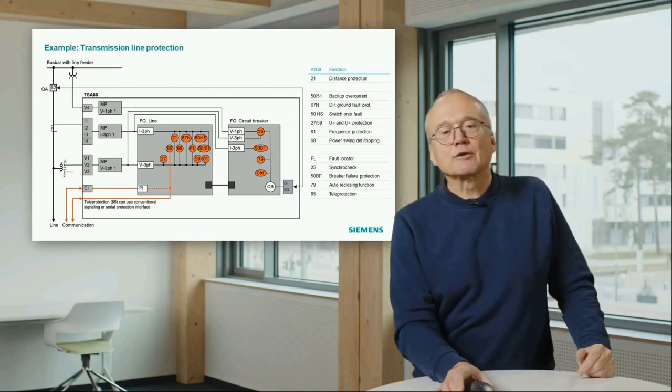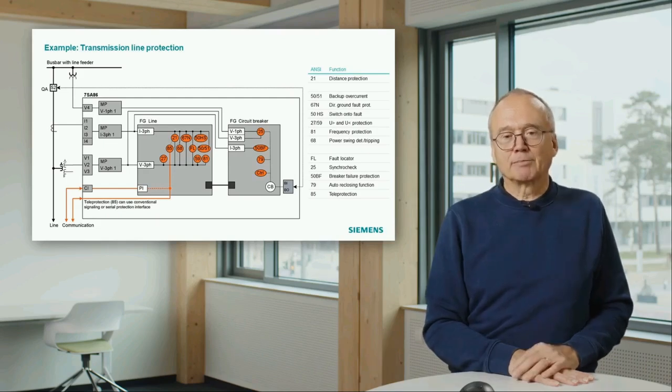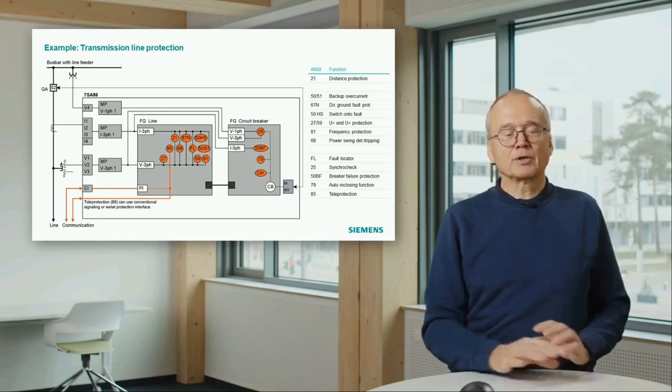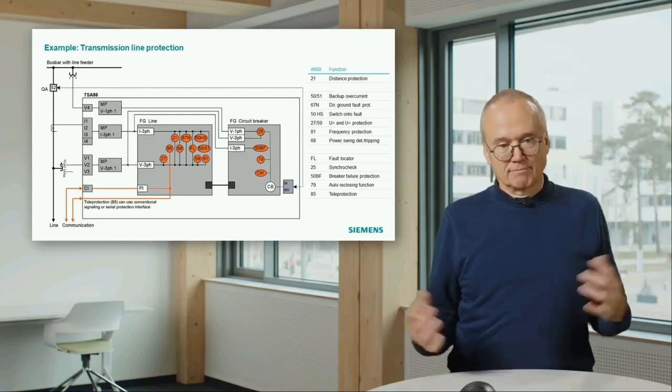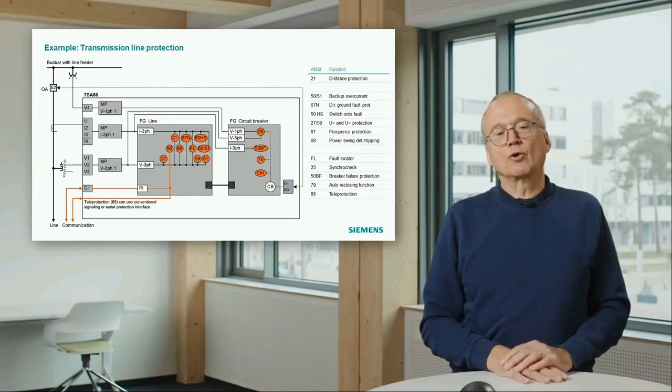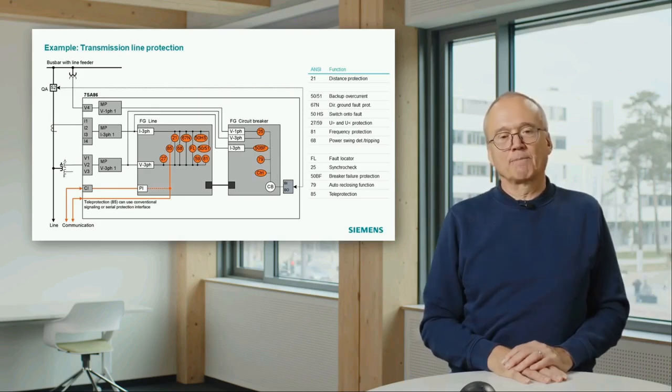And then as additional functions, we have the fault locator, the synchro check, breaker failure protection, auto reclosing, and teleprotection. You see here the teleprotection is a function which is nearly always or very often used with distance protection, but it also requires communication to the other end.